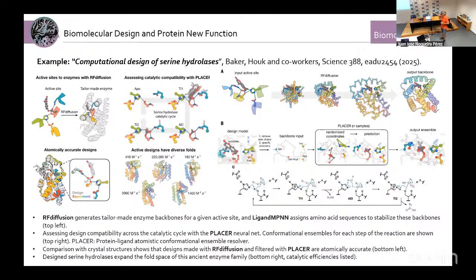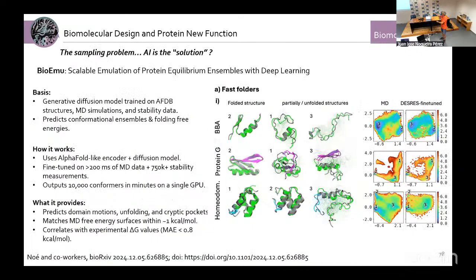Of course, all this is based on static protein structure predictions, but also, and this is also very recent, the bioRxiv paper that was posted at the end of 2024 by Frank Noé and co-workers from Microsoft, where they propose diffusion-based strategies to predict free energy landscapes, for example, for folding of proteins.